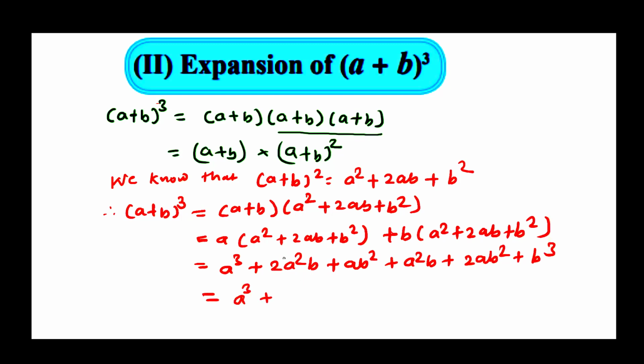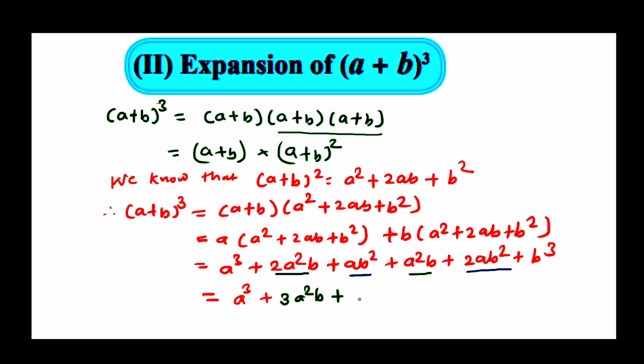plus here twice a square b and a square b are the like terms. The coefficient of a square b is 1. Therefore, 2 plus 1 means 3a square b, plus here ab square and twice ab square are the like terms.